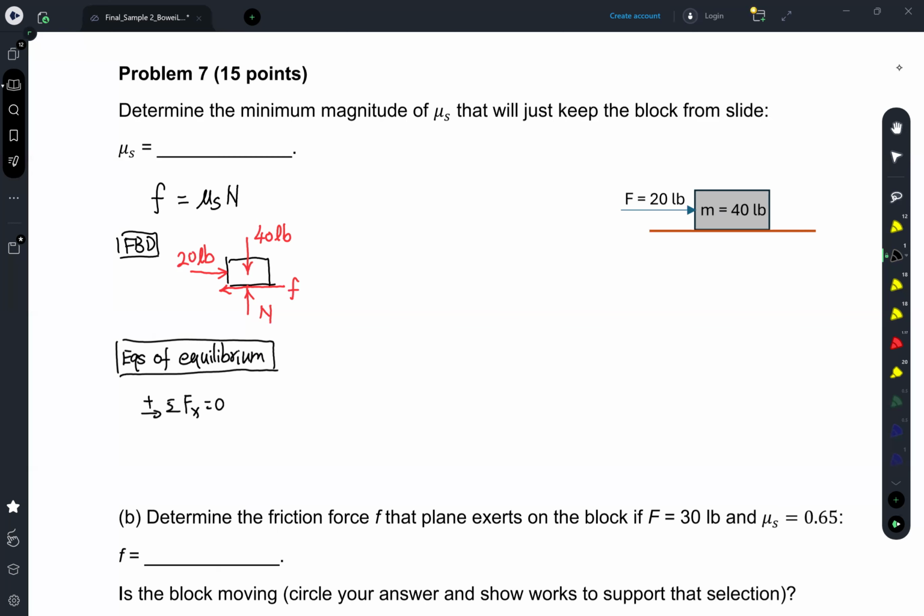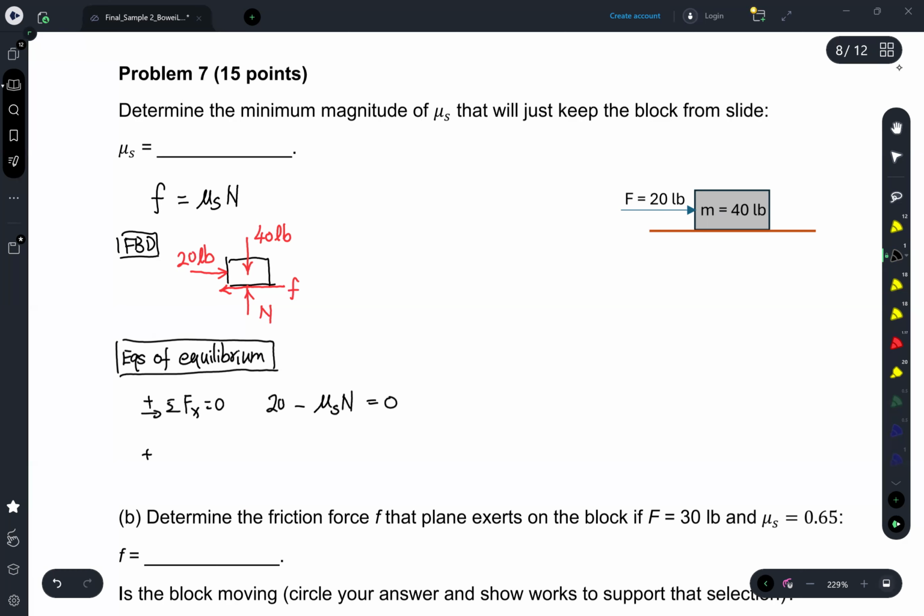Along the x direction, we have the external force going to the right, so it is positive here. And we have friction going to the left, so it is negative, a negative mu s N here, and it equals 0. By seeing that it is mu s N, we admit that the block is about to move, so it is a limiting state.